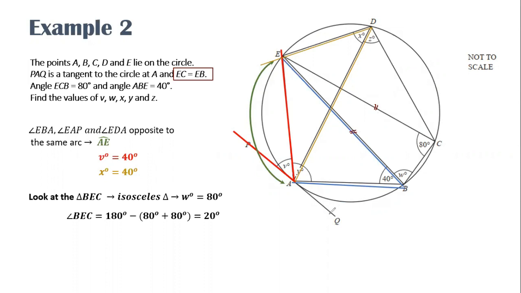So automatically, W degrees is 80 degrees. Right? So angle BEC equals 180 minus, open the bracket, 80 degrees plus 80 degrees. So we got angle BEC is 20 degrees. Right?